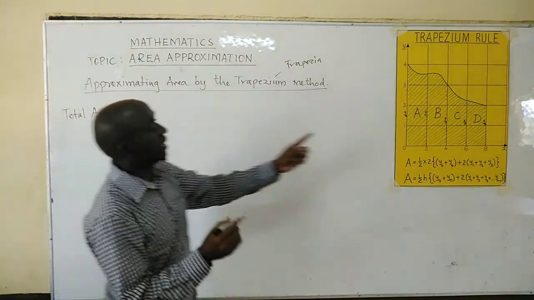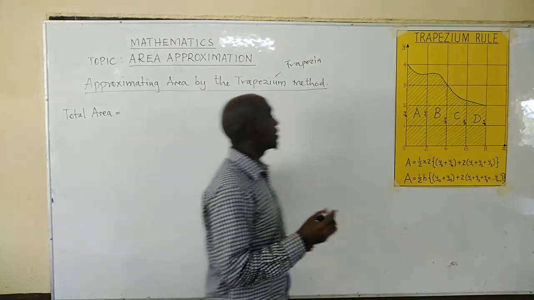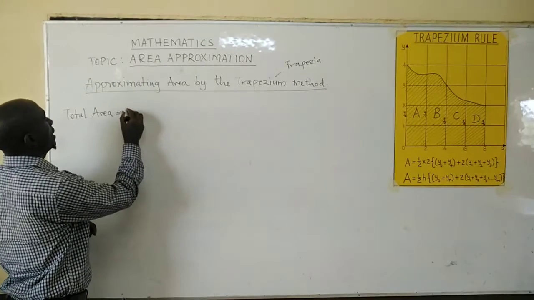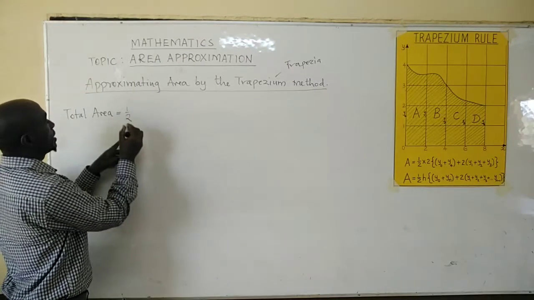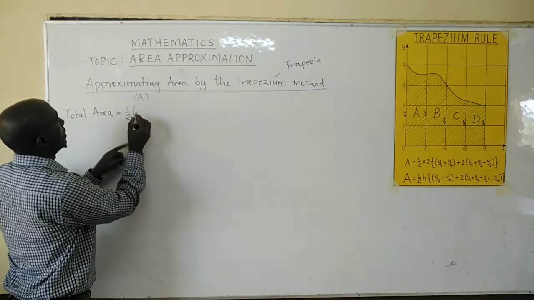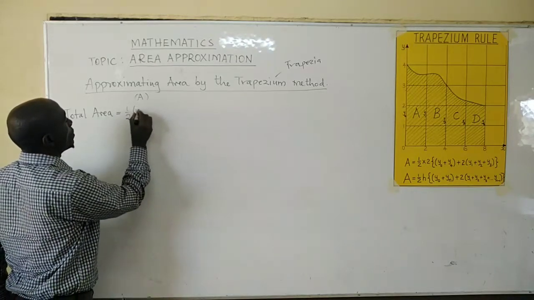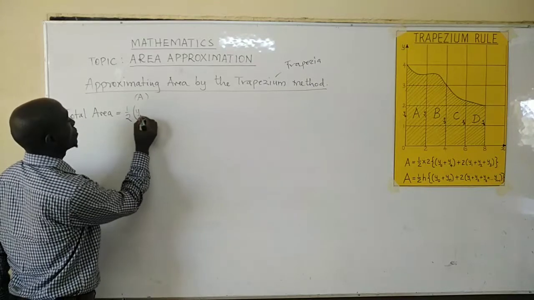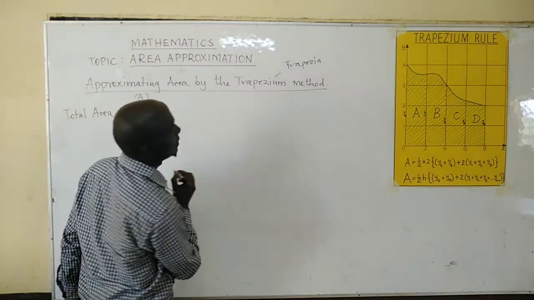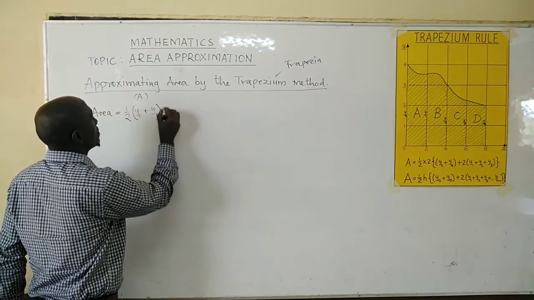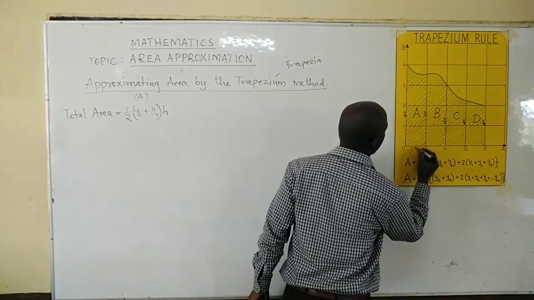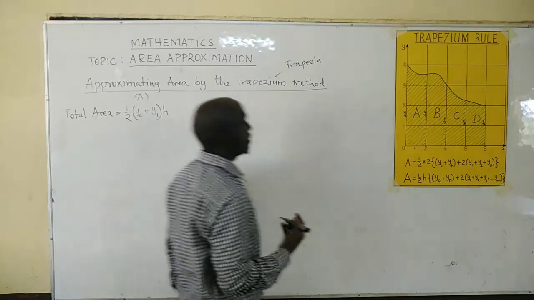We are using the letters y, these lengths, y0, y1, y2, y3, up to y4. We are assuming the length from here to here is h, and it is the same for all of them.